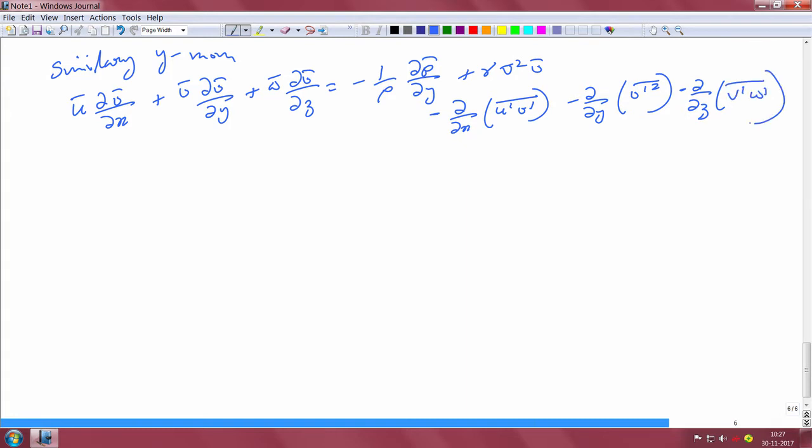So, this looks exactly the same. Okay. Out of this, as you can see, this particular term is the same, u prime v prime.